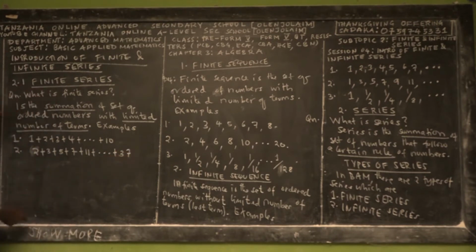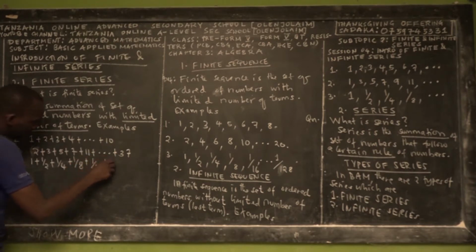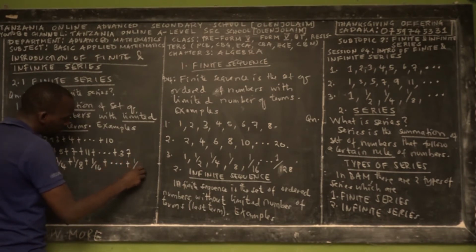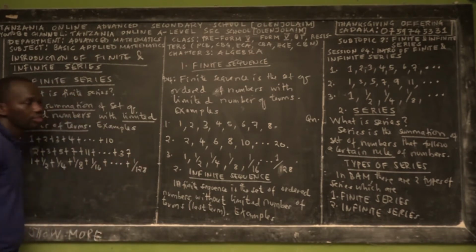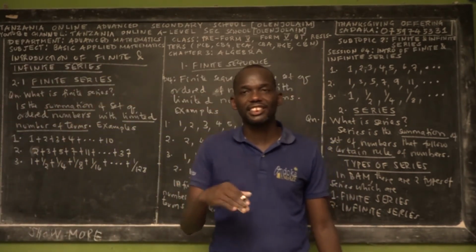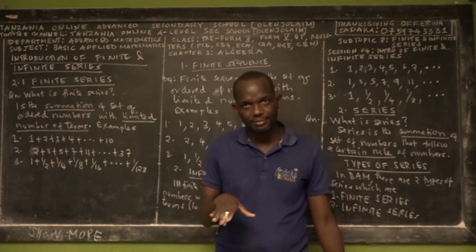So this is a series of odd numbers. Then the third example is 1 plus a half plus 1 over 4 plus 1 over 8 plus 1 over 16 plus dash dash dash plus 1 over 128. So it means that a sequence can be changed into series, and series can be changed into sequence. Remember that.